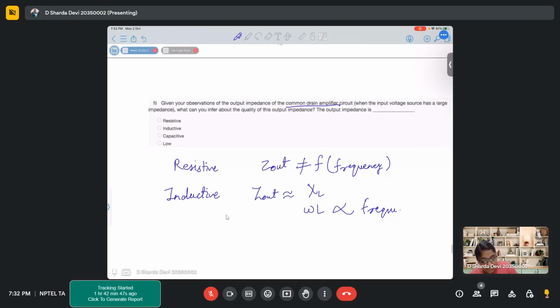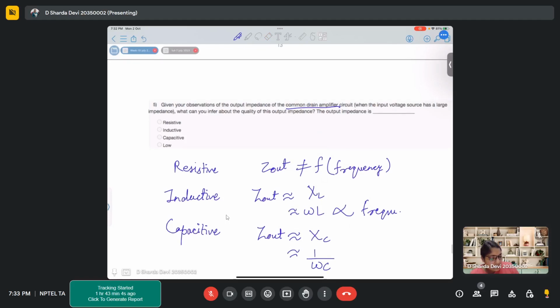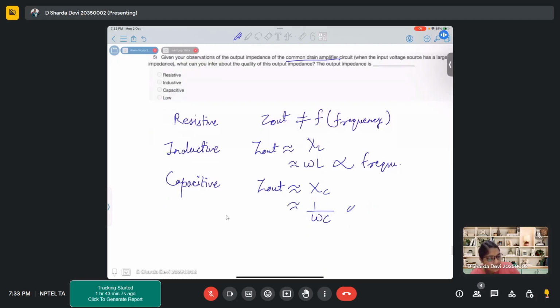When we say capacitive behavior, Z out will be somewhat equivalent to X_C, which is 1 upon ωC. So here it is inversely proportional to frequency.